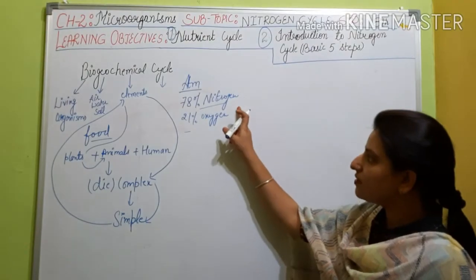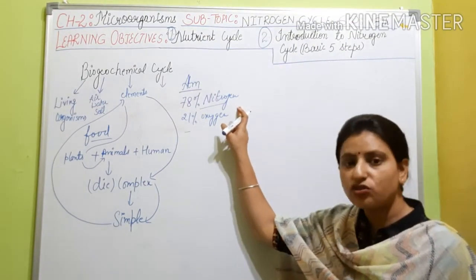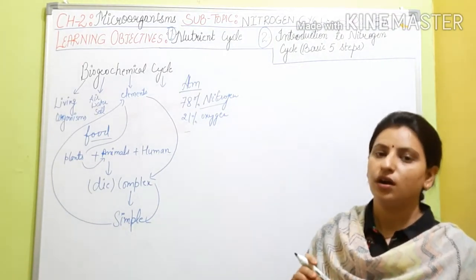So nitrogen comprises 78% of the Earth's atmosphere.